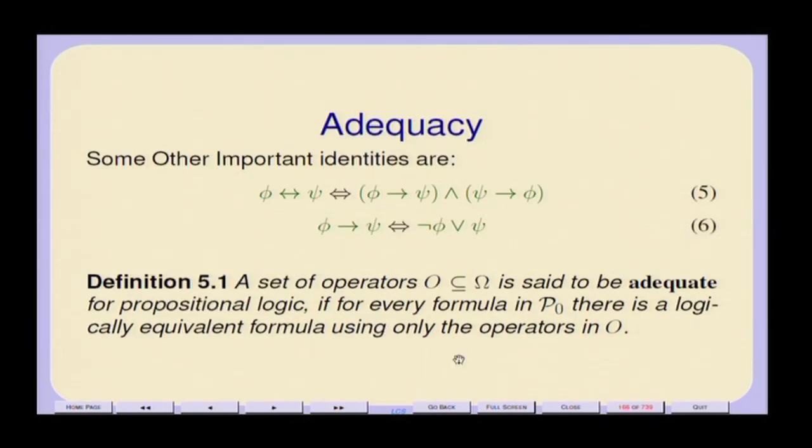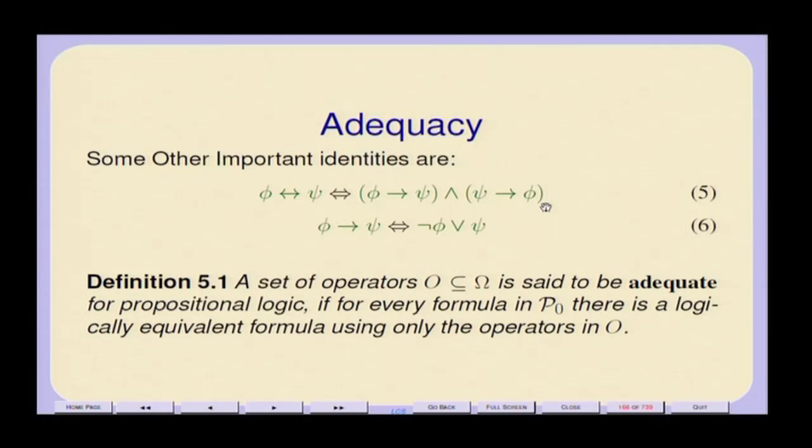So now when you just look at the operators of logic, there are some other important identities. For example, this biconditional: phi biconditional psi is logically equivalent to phi arrow psi and psi arrow phi.